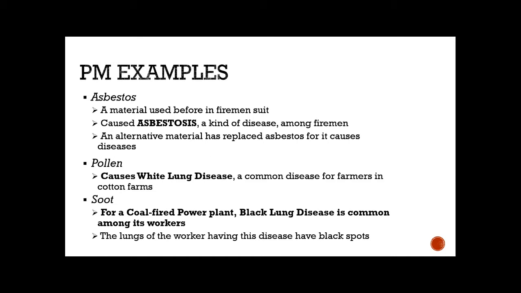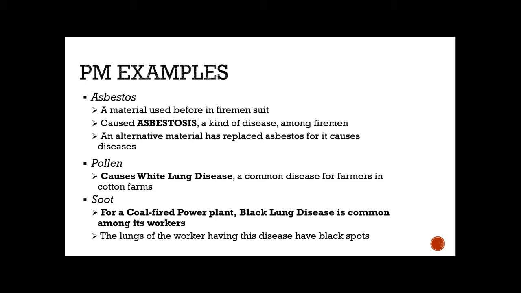Now, for asbestos, it has been used before as the material for firemen's suits. For that reason, they have found this kind of disease, which is common among firemen, which they call asbestosis.